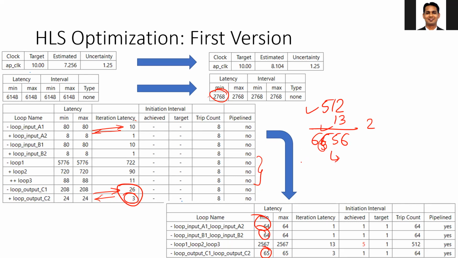But your number is 2567. Why is that happening? Because you have 512 iterations, and each iteration you are starting every 5 clock cycles. So it comes out to be 2560.